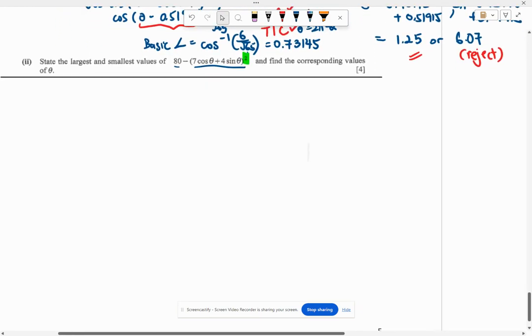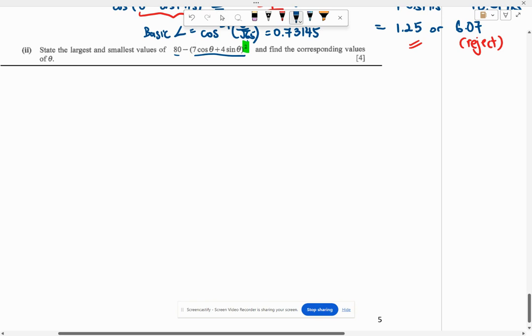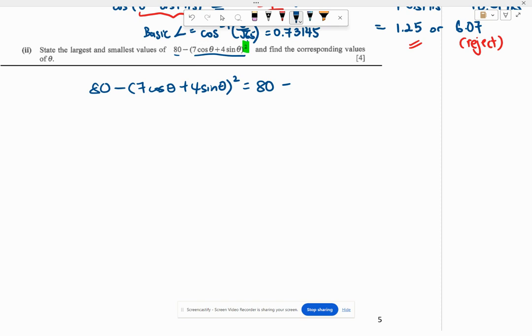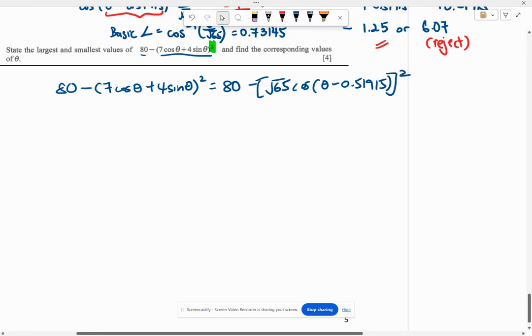Now, if we would like to find the largest and smallest values of 80 minus 7 cos theta plus 4 sin theta square, let's rewrite the first form first in our R formula form. Okay, when we rewrite this form, the question is why is the largest value not square root 65?